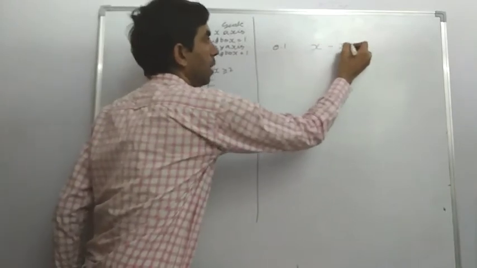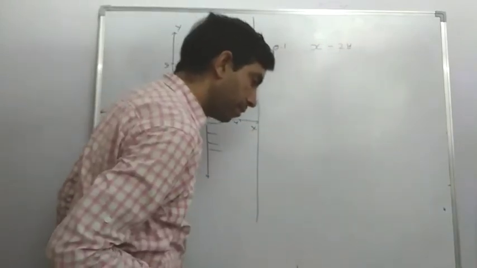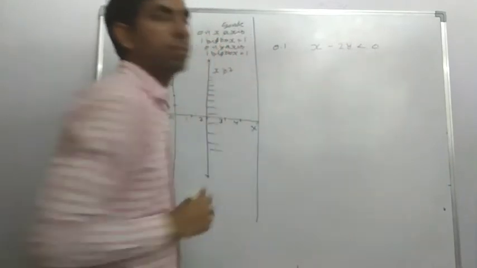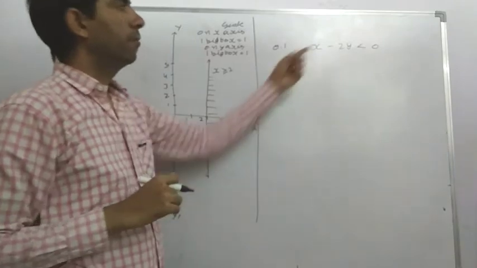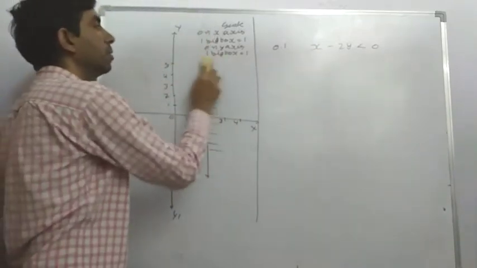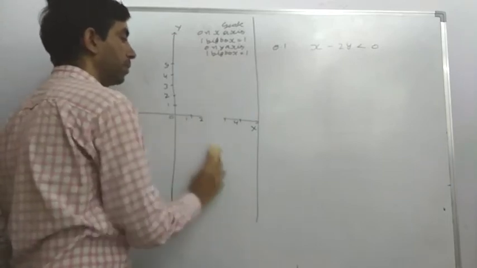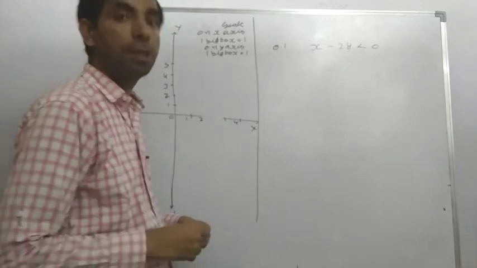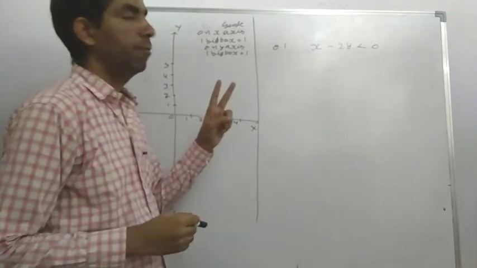x minus 2y less than 0. Here we have a linear equation in two variables. If we want to find the zeros, then we need two equations.